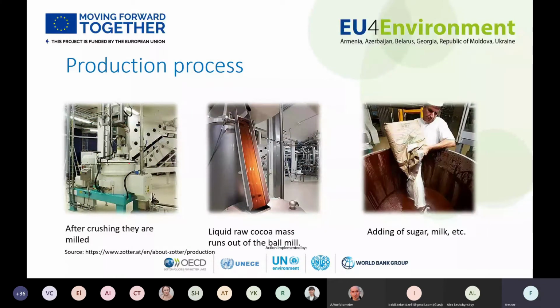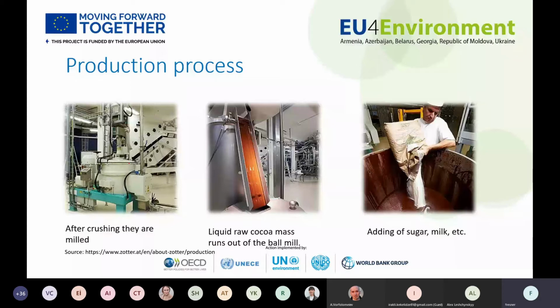The husk is separated. The husk is given to farmers then for composting. The central part, the heart of the bean, is pressed to separate the cocoa powder from the fat. This step is important because the fat then is partly again mixed into the chocolate according to the recipe.